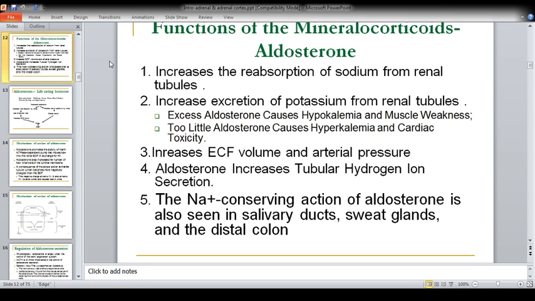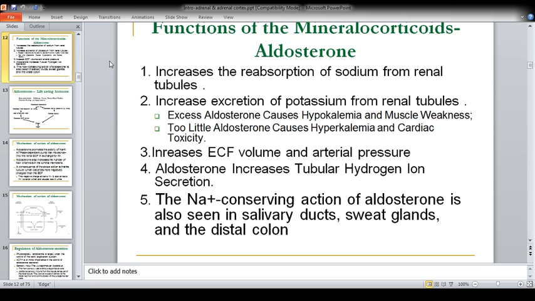The first and foremost, the most important function is the increase in reabsorption of sodium from the renal tubules. So this aldosterone is released from the suprarenal gland, travels to the renal tubule, and it would increase the reabsorption of sodium from there.